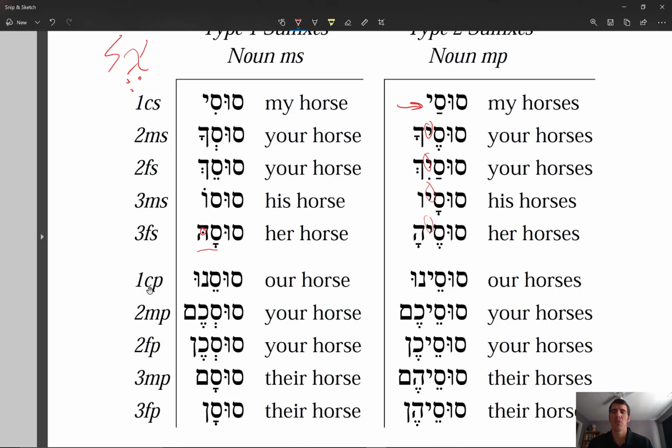But if you wanted to say your horses, you'd say susekha, or in order to end on the final kaf here with a 2FS ending, you would change that instead of sake, it'd be susayik. So you end it that way. And then the next one, his horses, is susav, and then suseha, susenu, susekem, suseken, susehem, susehen.